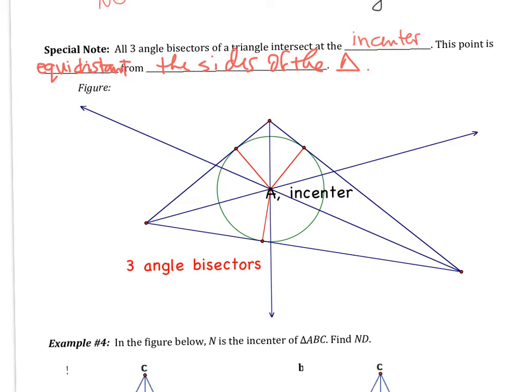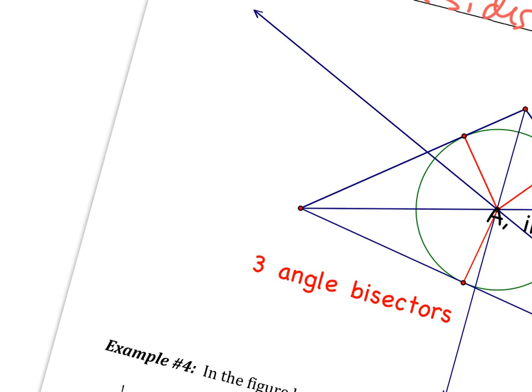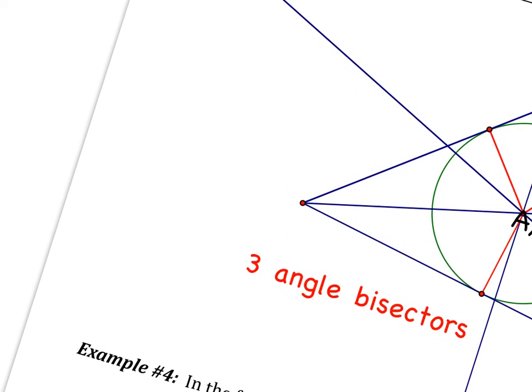So what I'm going to do is move this so that, if I take this and we only look at this part of the triangle, does this picture look like all the previous examples that we did? Yes. And we just said that this is an angle bisector, so this is congruent to this.